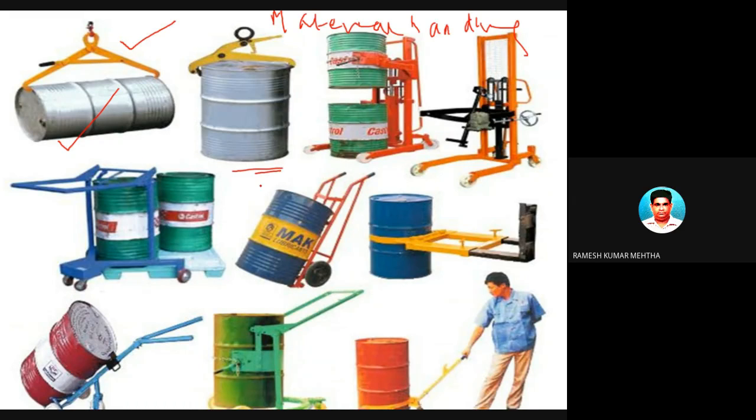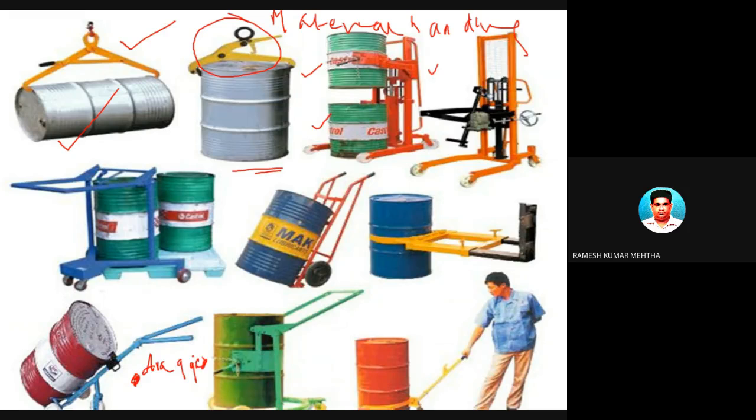This is a drum, which is again material handling equipment. This is again a barrel. We use different types of material handling equipment. Now you can look at this particular one. The barrel is placed on the material handling equipment and it is dragged.